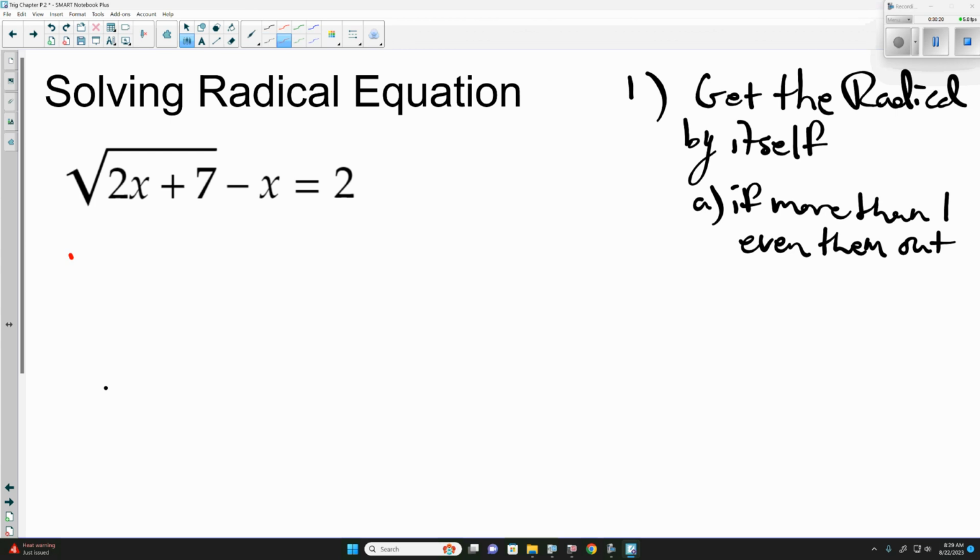So the first thing we need to do is add x to both sides.